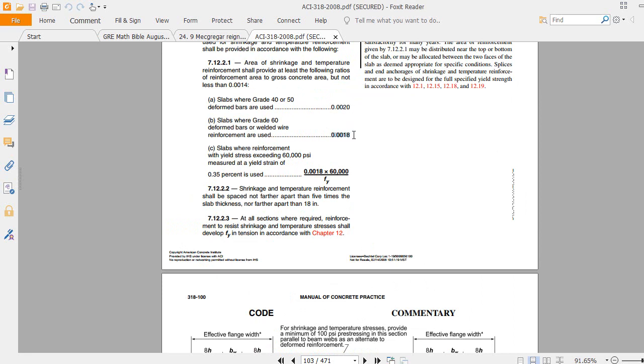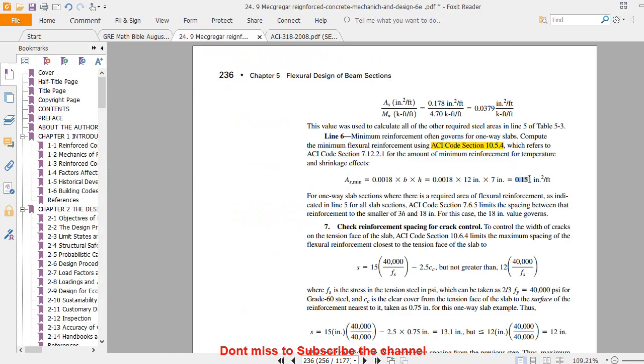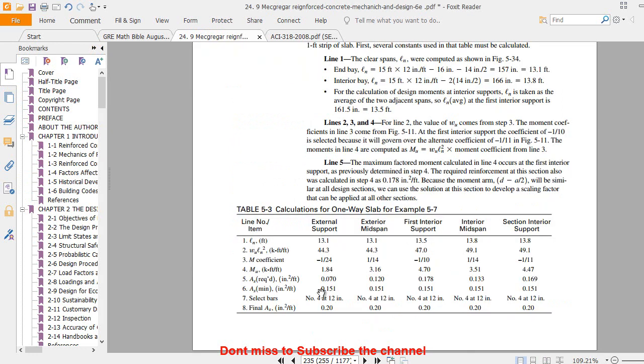As in this case we are using grade 60 steel, we have to pick this one. And if you are using higher grade steel, then we have to use this one. So that's why they are choosing this 0.151. This is minimum steel reinforcement. So that's why our minimum steel reinforcement is this one. But for the calculated value, see here, all the values except this one are fine, and this one is also more than this one, so this is okay.